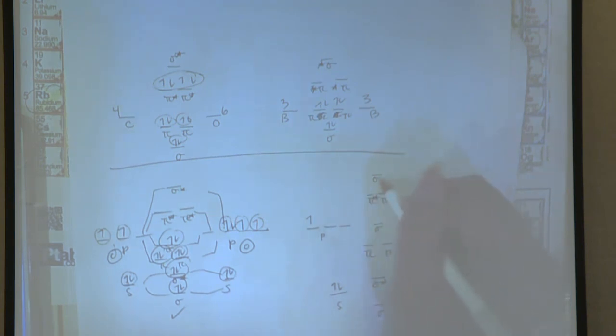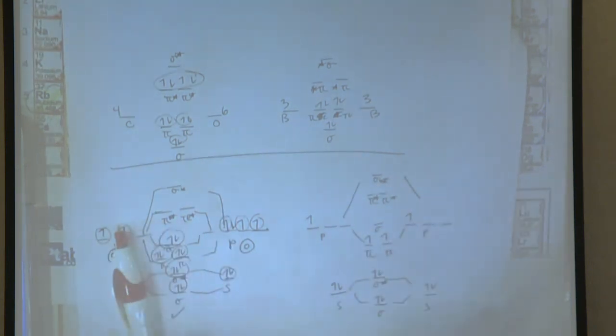This is its anti, this is its anti. So I only have 6 electrons to work with, which makes it go 1, 2, 3, 4, 5, 6. If you look here, these guys are unpaired.